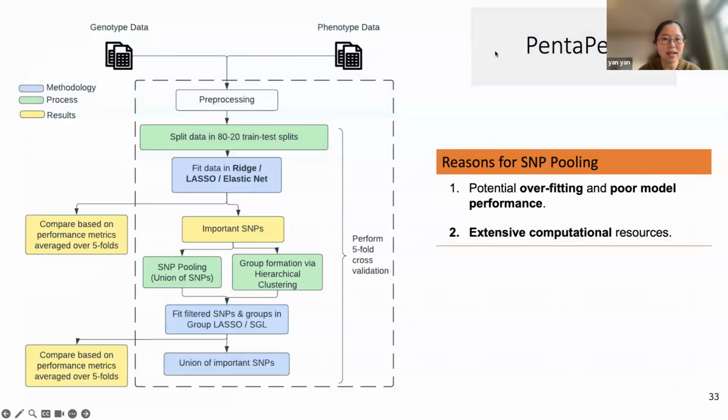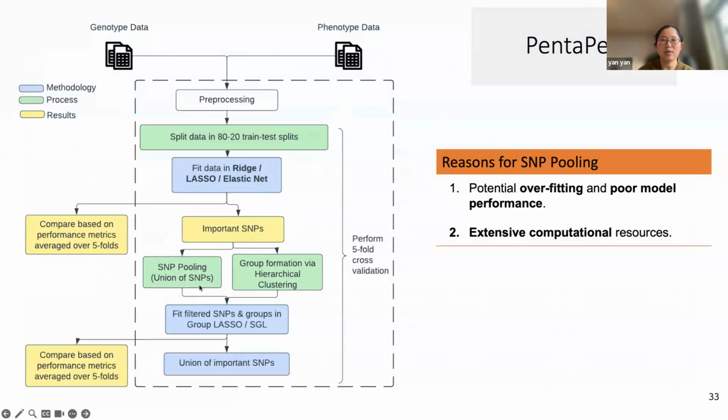Okay, so with that observation, we have tried to develop a workflow that combines different penalized models. We first feed the data into ridge, lasso, and ElasticNet, and get some important SNPs from those 3 models.